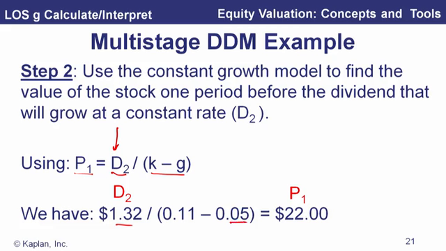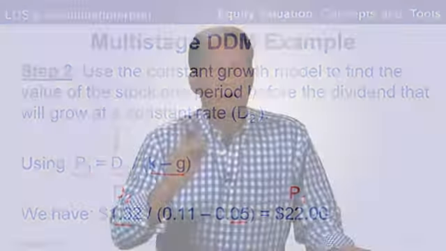And so when we apply that formula, we get a value 1 period before D2. Just like with the Gordon growth model, we plugged in D1 over K minus G to get the value of the stock. So we're getting a time 0 value plugging in D1.